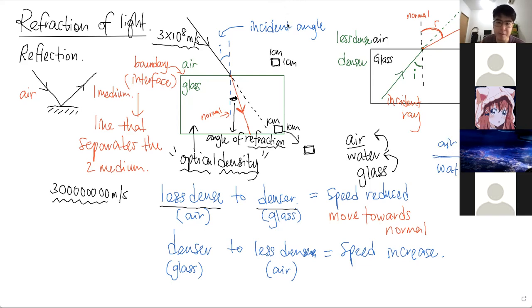If a light ray comes from the water and tries to exit, it will also bend. You draw the normal here, the actual path, and then it will bend away from the normal like this. So all light rays that come from water to air will bend away from the normal, same as this one, because water is a denser medium and air is a less dense medium.